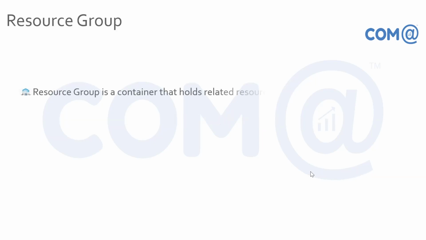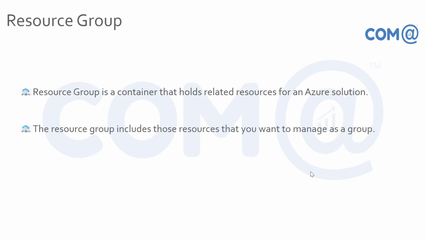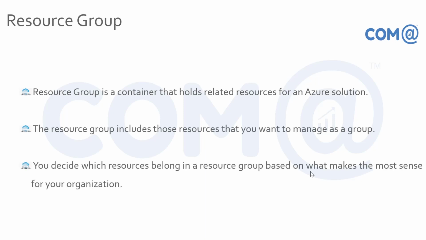Coming to resource group, it is a container that holds related resources for an Azure solution. The resource group includes those resources that you want to manage as a group. You decide which resources belong in a resource group based on what makes the most sense for your organization, like based on the department or project or application or whatever it is.